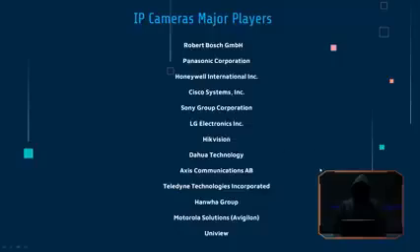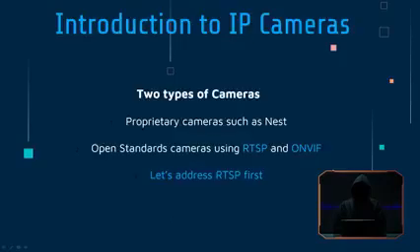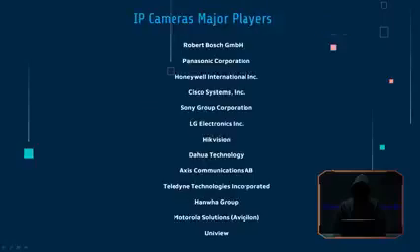So here's some of the major players. The ones that are most concerning are Hikvision and Dahua technology. These are huge developers of IP cameras. They're all over the world. There's literally millions of these cameras out there. Even if it doesn't say it's a Hikvision or a Dahua, they're often white labeled. They sell their products to other companies who put their label on them.